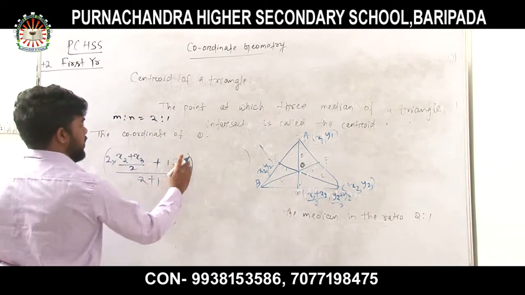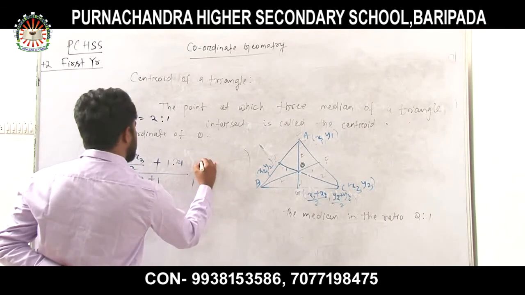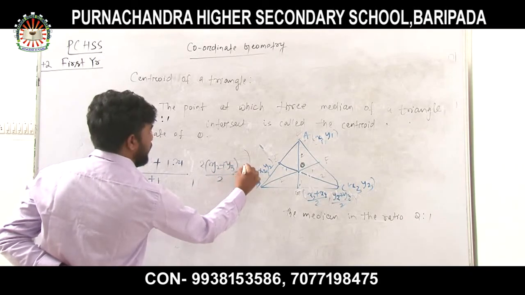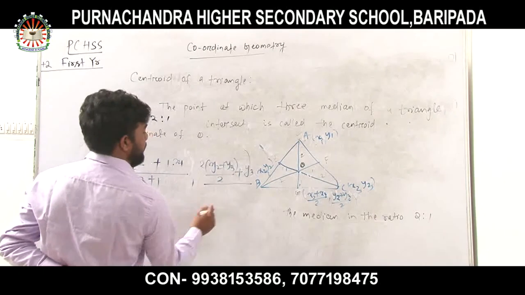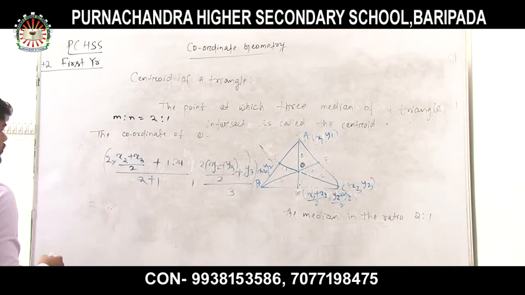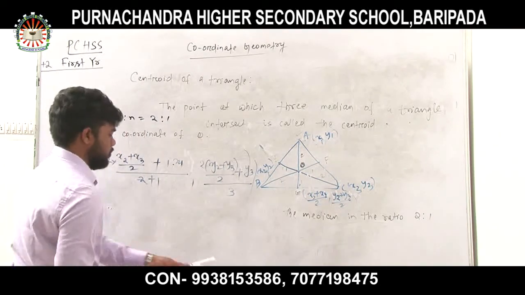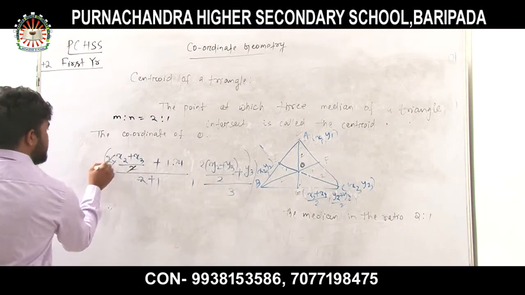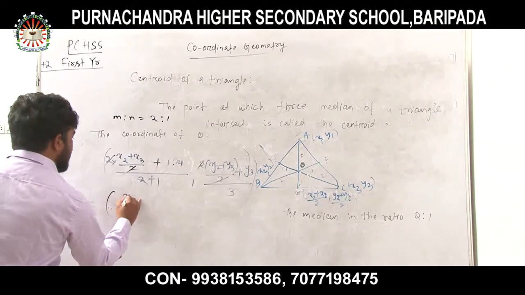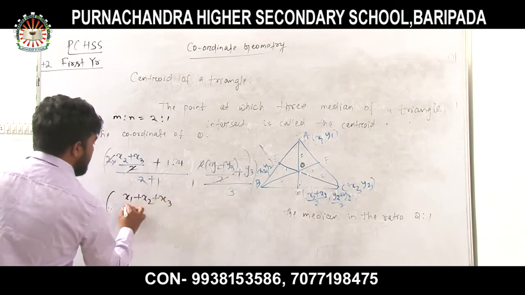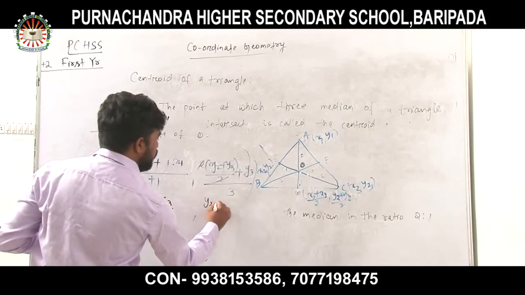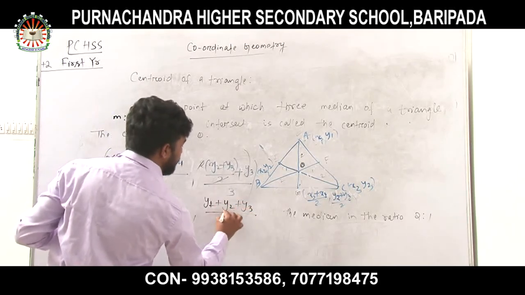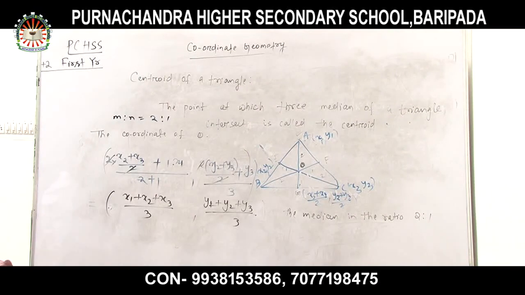The y coordinate is similarly 2 into (y2 plus y3 by 2) plus 1 into y1, by 2 plus 1. Look, the 2 cancels. This gives x1 plus x2 plus x3 by 3 and y1 plus y2 plus y3 by 3. Okay, then your formula is ready.